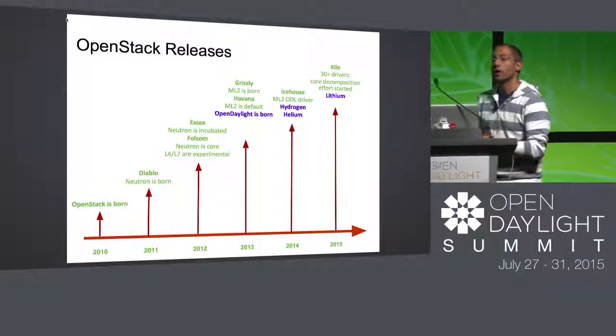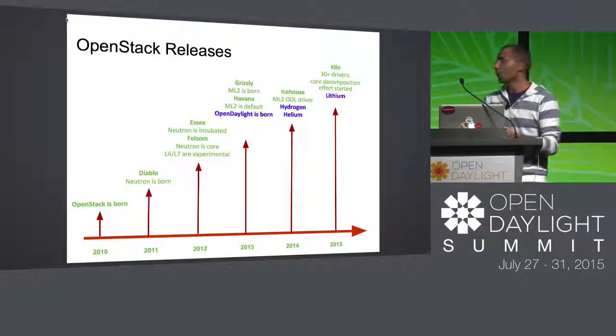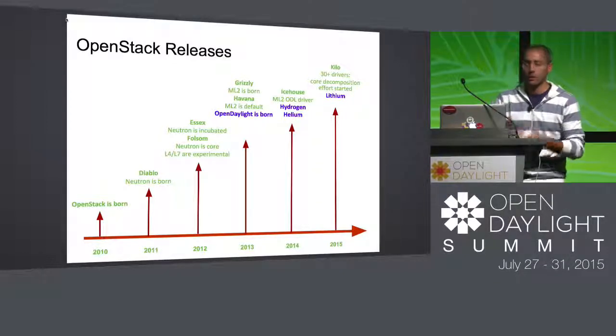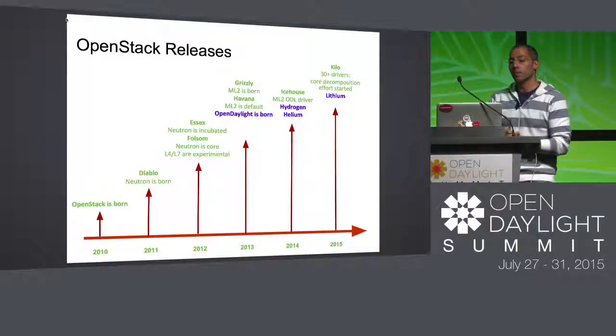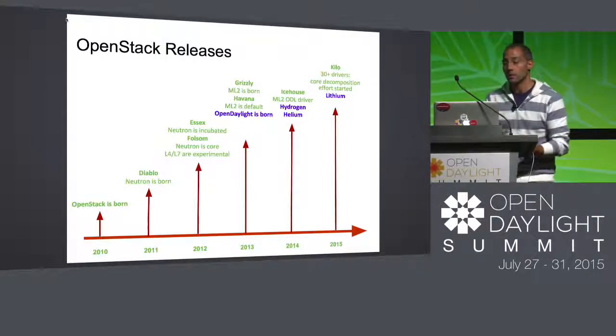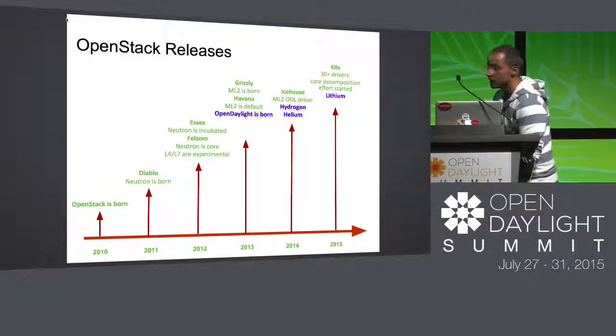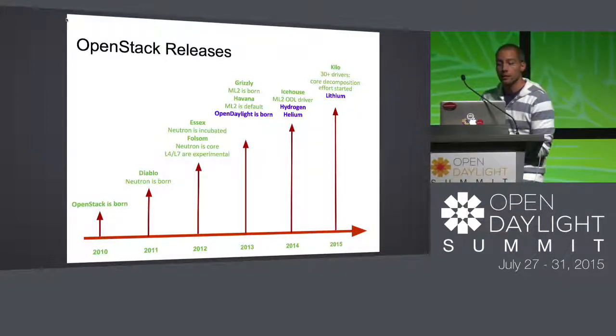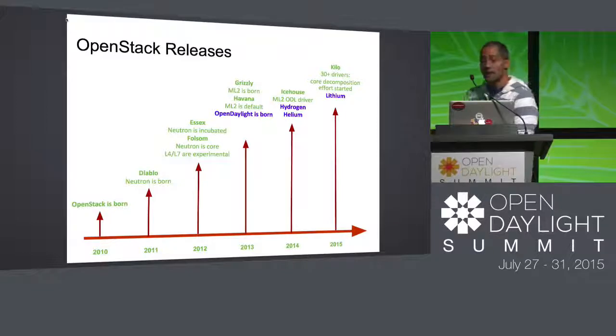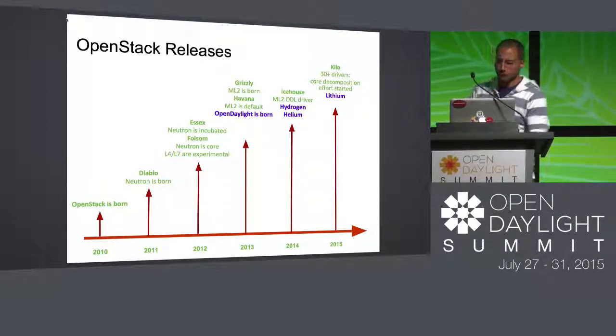They started working together relatively quickly. As soon as the ML2 framework, which we will go into extensively later, was made available within Neutron, and as soon as the first Hydrogen release for OpenDaylight was made available, the two projects integrated together. So that's how we got here in 2015.